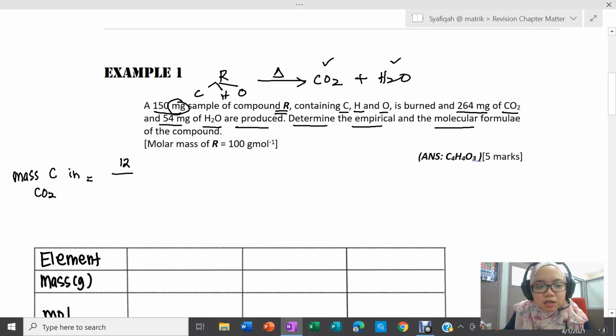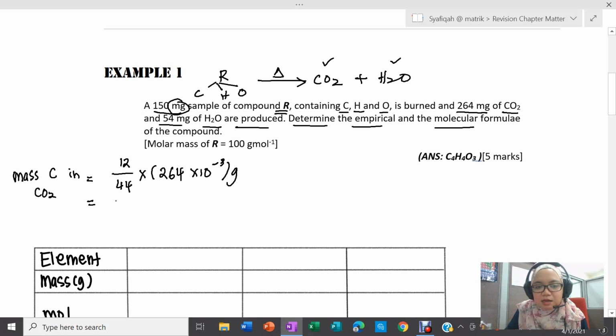Divide by total 44 times dengan, okay, mass of carbon dioxide kat sini 264. So, 264 tapi milligram. So, kita kena tukar jadi gram, times 10 to the power of negative 3. So, you will get mass carbon is 0.072 gram, for example. Okay.